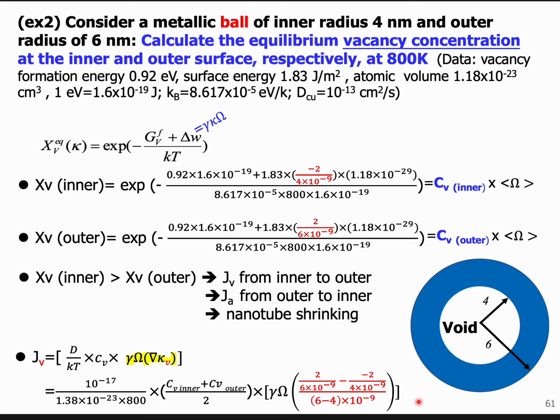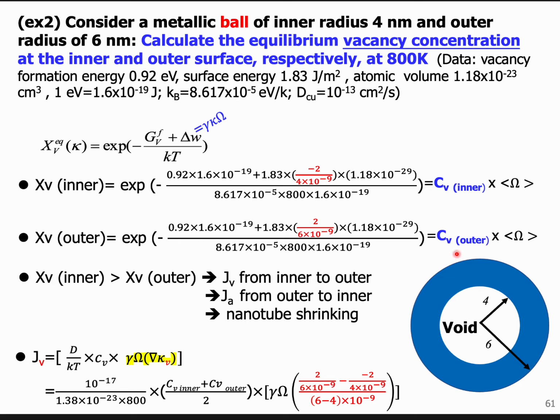As I mentioned in class, some people will probably ask, can I use minus diffusivity times the concentration gradient to calculate J_V? Can we do that? Diffusivity is here, and you get a concentration gradient.